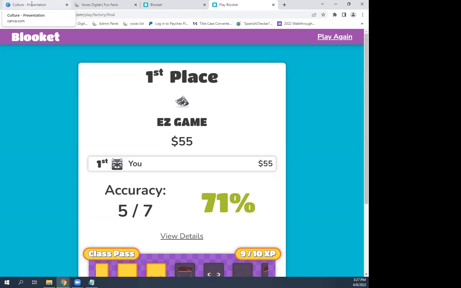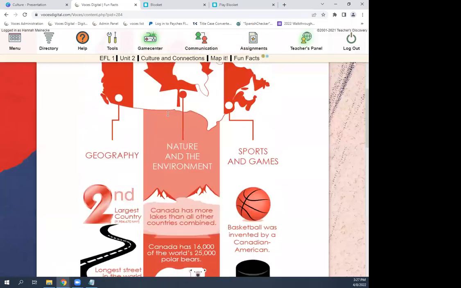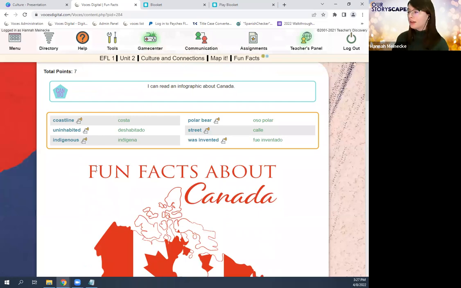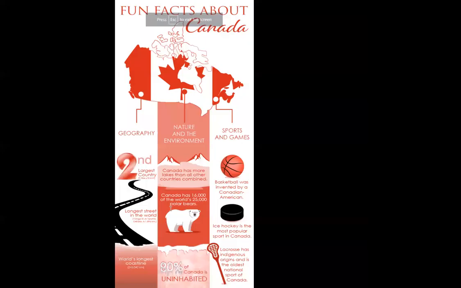Let's go now to the platform. We're going to show you the fun facts about Canada. So here it's unit 2. The cultural connection section includes this infographic. We see the map, and now we see the flag.